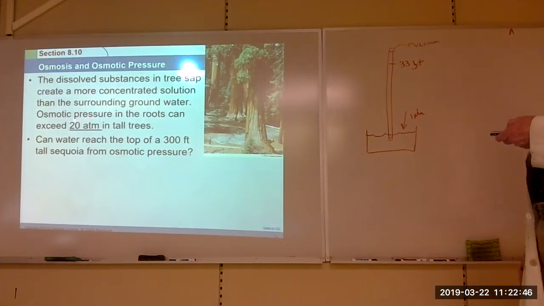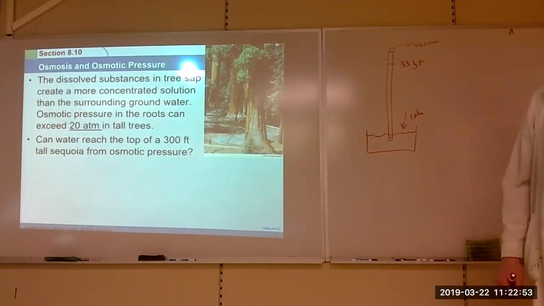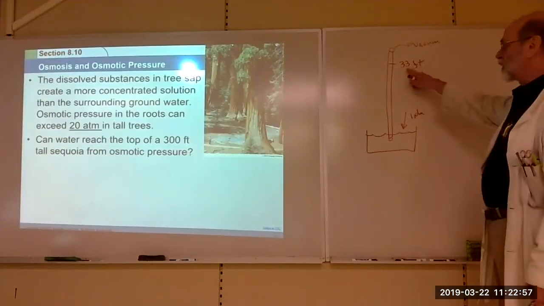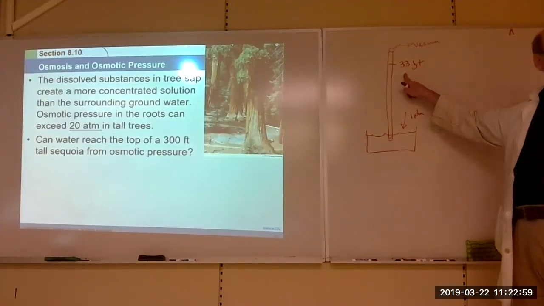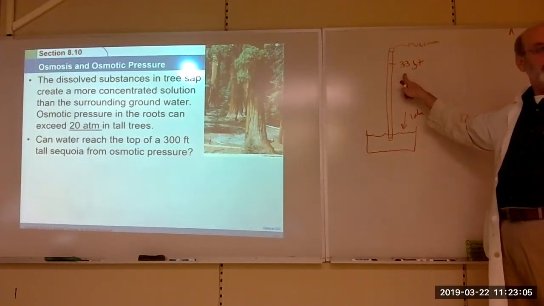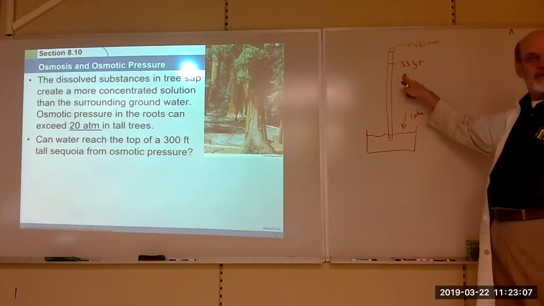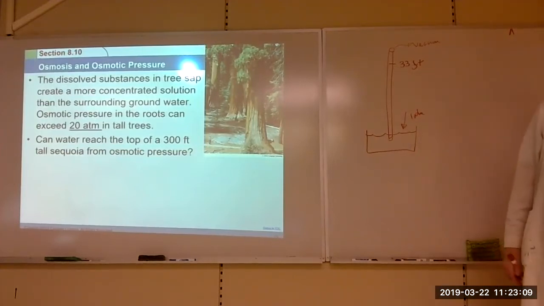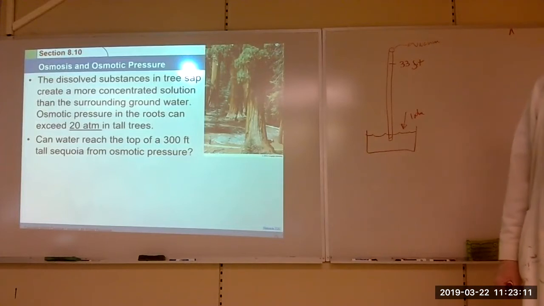It's been measured. The osmotic pressure in the roots can exceed 20 atmospheres, right? So if 1 atmosphere will go 33 feet, how far could 20 atmospheres possibly go? Well, 10 atmospheres would be enough, right? It would send it 330 feet. But 20 atmospheres, that tree could conceivably be over 600 feet tall and still get water to its top.